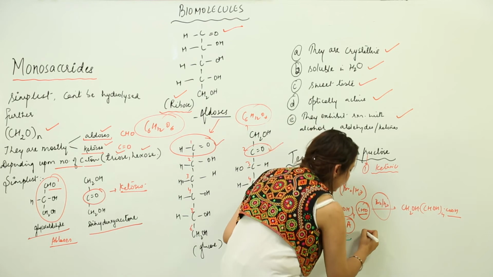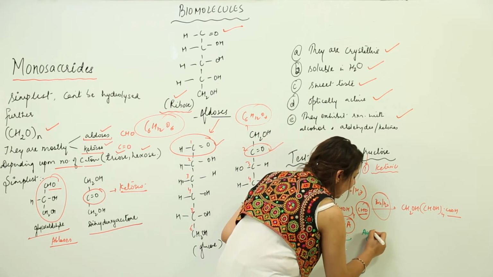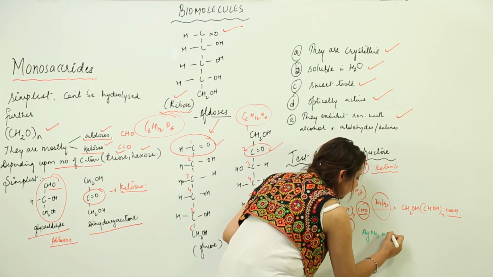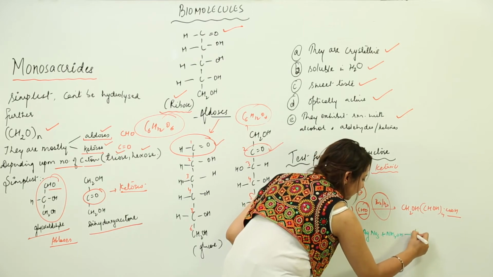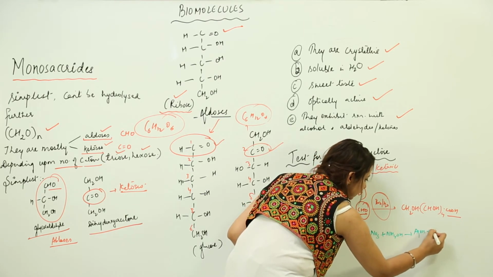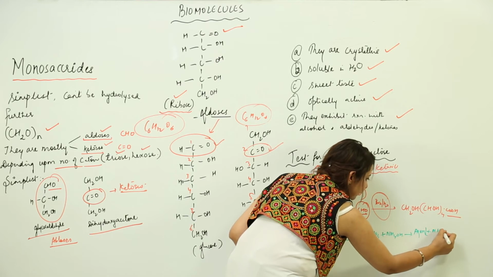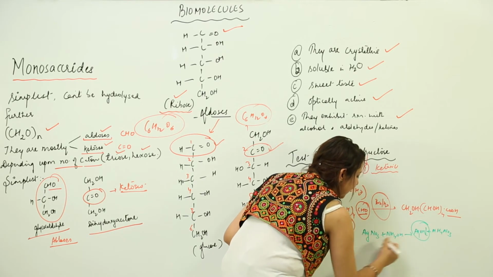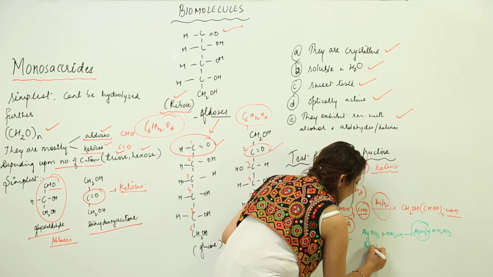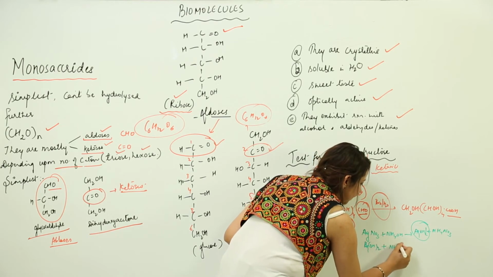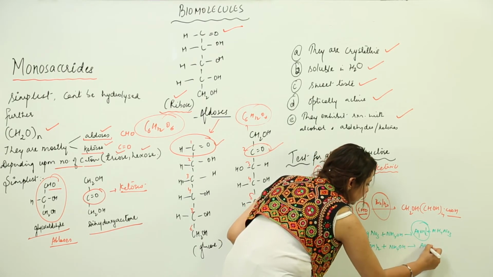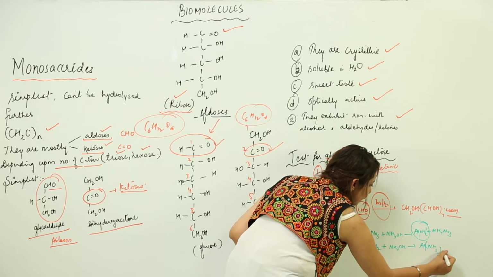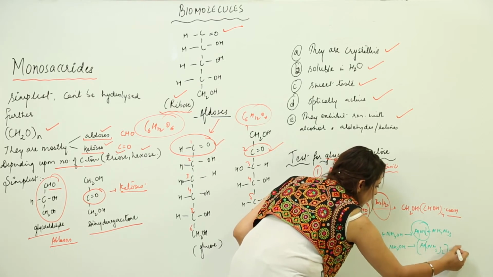What is Tollens reagent, how is it formed? We have AgNO3 mixed with NH4OH and we get AgOH precipitate with NH4NO3. Then we react this AgOH again with more NH4OH, and as a result we get Tollens reagent, which is something like this.